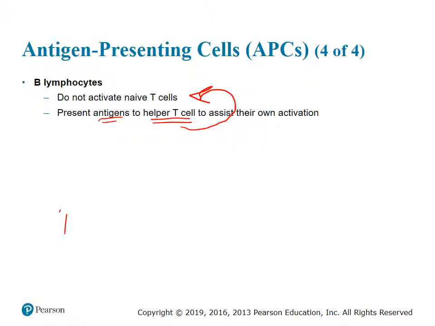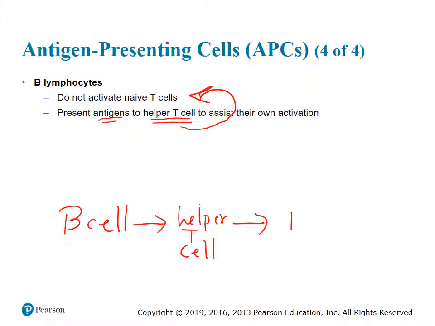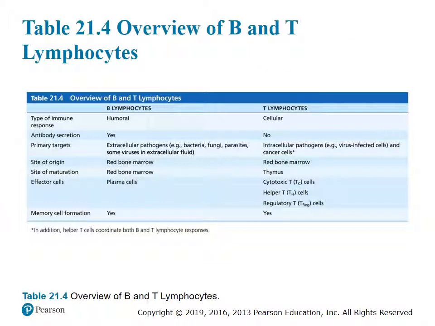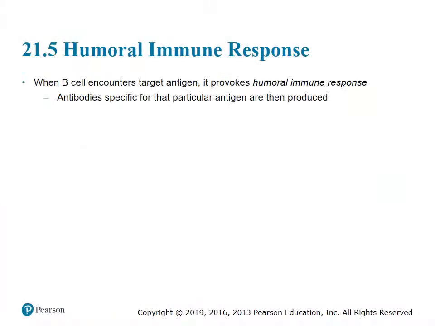A B cell presents the antigen to a helper T cell that presents it to other T cells. The helper is the go-between, if you will, and that's how the B cells really work. So this table puts down B cells and T cells and the similarities and differences there.